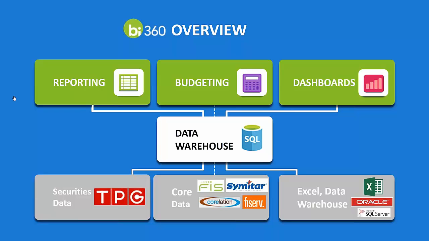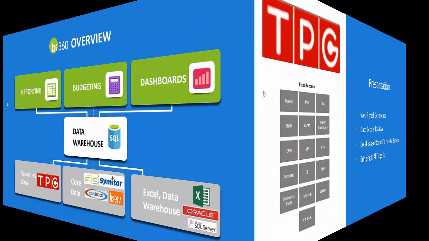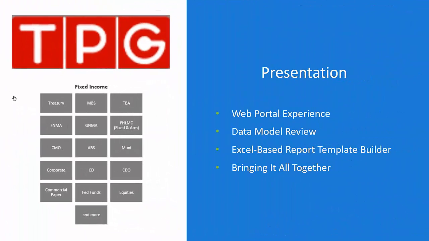Again, today what I'm going to be focusing on is using that information that Slavik provides, all that bond portfolio tracking positions, all that kind of information, bring it into the data warehouse, and then provide some easy-to-build reports using BI360. The flow of the presentation today is I'm going to talk about the web portal experience.